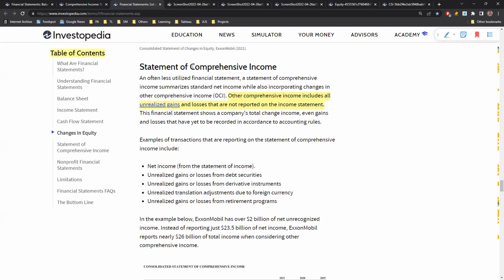starting with comprehensive income. So this comprehensive income will have the net income that we have seen in the P&L or income statement. But in addition to that net income, it will also have any other so-called unrealized gains or losses. This is basically something that the company may not have known at the beginning of the period.